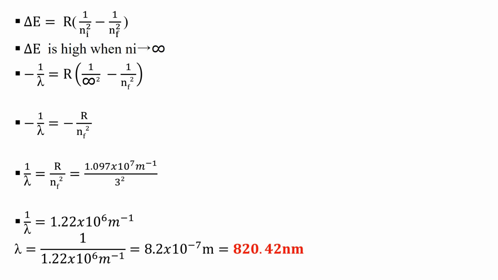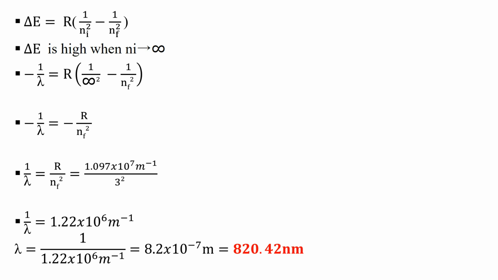The change in energy is highest when the first term, 1 over Ni squared, which is the first term in the bracket, turns to infinity. That is where you will have the highest energy change. Now, in that case, we will have 1 over the wavelength equal to minus R over Nf squared.